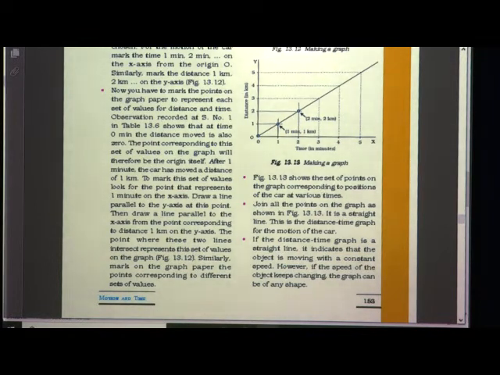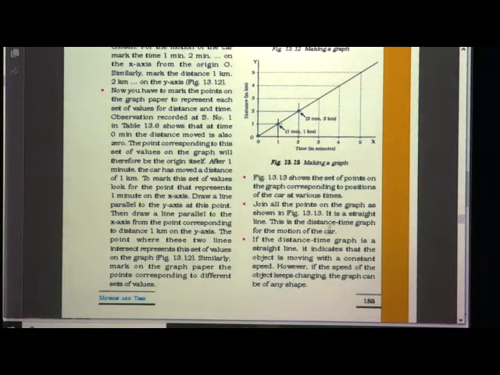What this graph is showing us is how many kilometers the car moves after each minute.